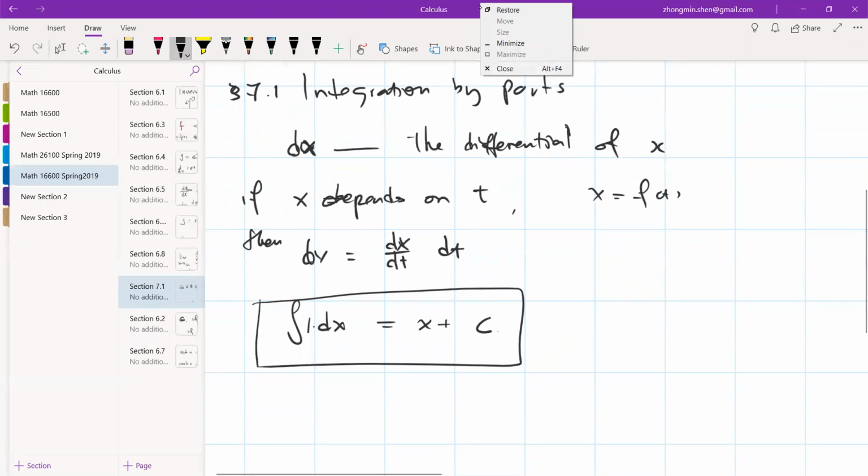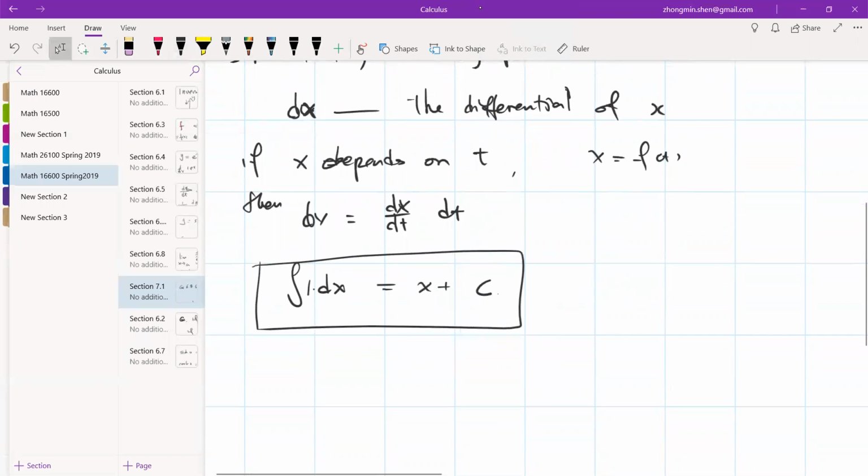So in other words, I put the integral symbol. The symbol on the left hand side is just a stretched S. S means the initial of sum. So integral usually means sum. Add them together.